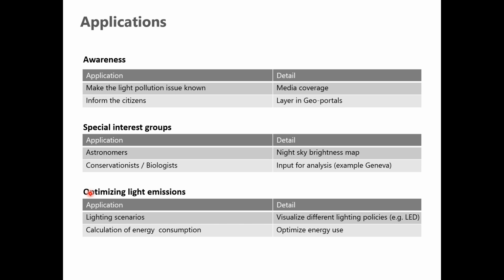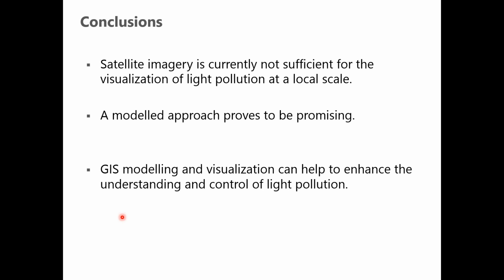With scenarios, we could modify the model and see what the outcome is if we lower the light by 10%, or if we have different time patterns in lighting the streets. There are many ideas that could be interesting.